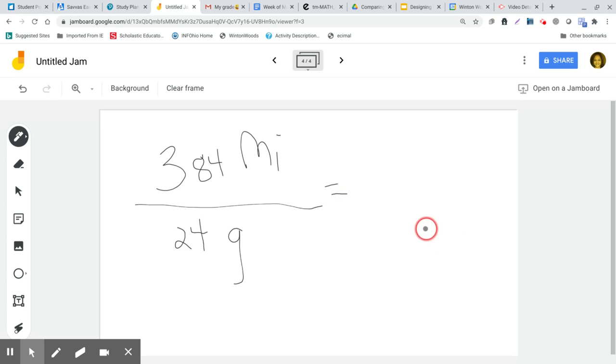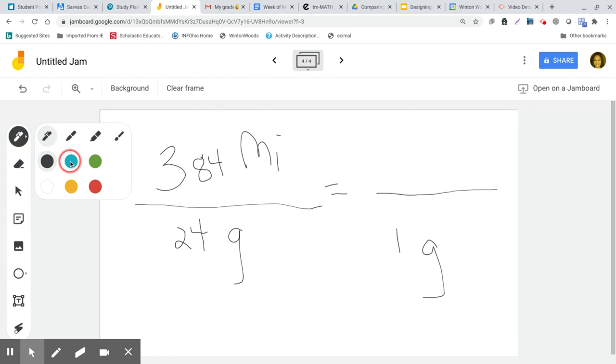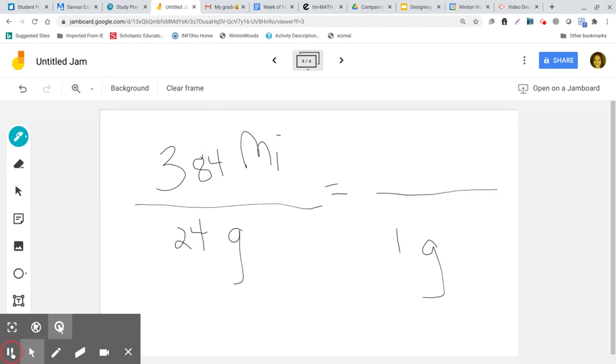So I need something equivalent to keep the same ratio, but I need to scale down to get to 1 gallon. So in order to do that, I'm going to think in my mind to get from here to here. First off, the number went down, so I need to divide. So 24 divided by what equals 1?